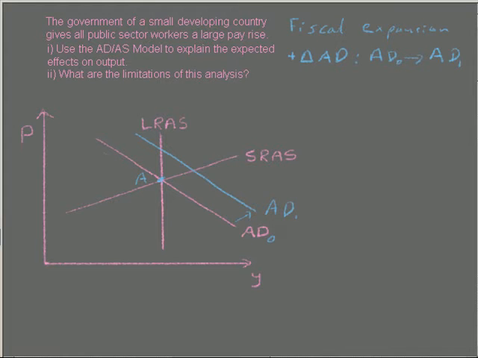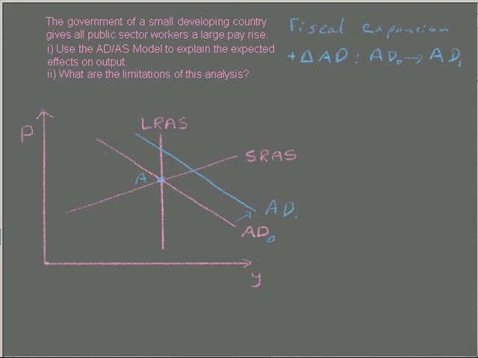Now when aggregate demand increases, the precise place that we end up depends on what happens to supply. In the short run, we assume that supply adjusts like this. Remember, there's three ways that we did on the course and in all the textbooks to explain why this is. I think possibly the simplest one is the sticky wages explanation: when aggregate demand increases, people see that the price of the things they're selling goes up, because in many individual markets there's more demand, so the aggregate price level goes up.